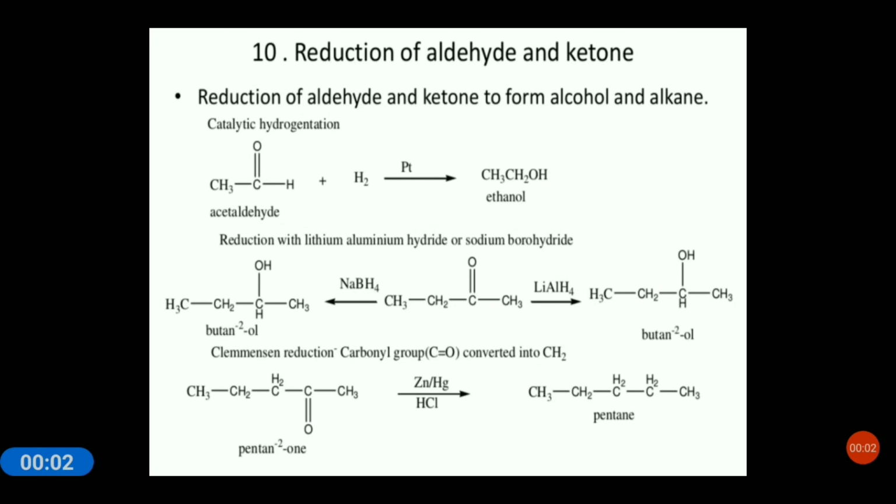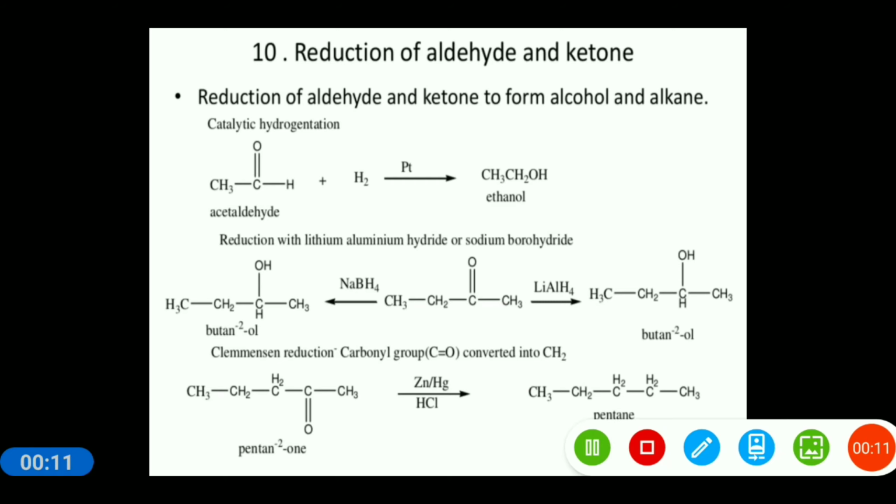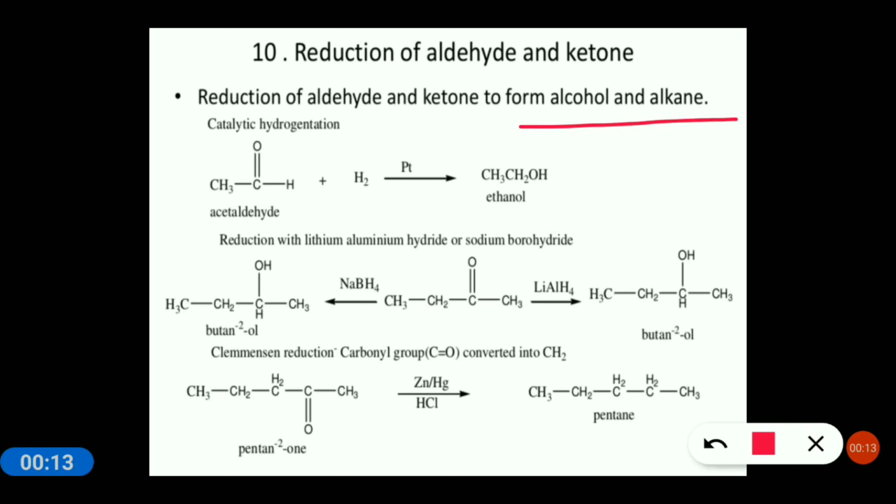Then we have discussed the reduction of aldehydes and ketones. Reduction of aldehydes and ketones gives rise to alcohols and alkanes. Both products are possible with different reagents and reactions. Aldehyde reduces to form alcohol, which is 1 degree, and ketone reduces to form alcohol, which is 2 degree.